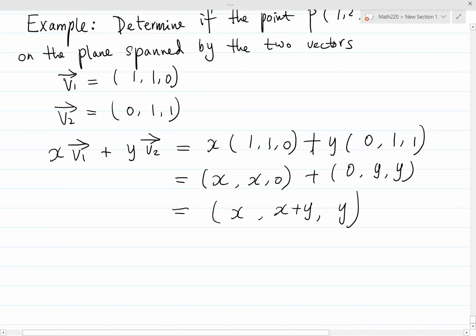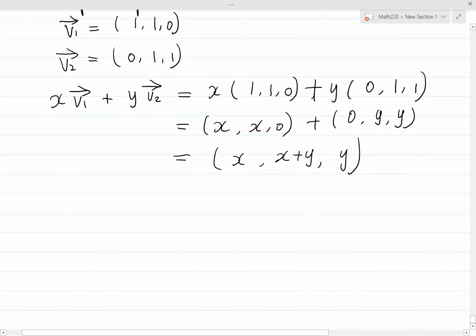So you see a vector that lies in the span: the second coordinate is the sum of the first and the third. So now you see the point.